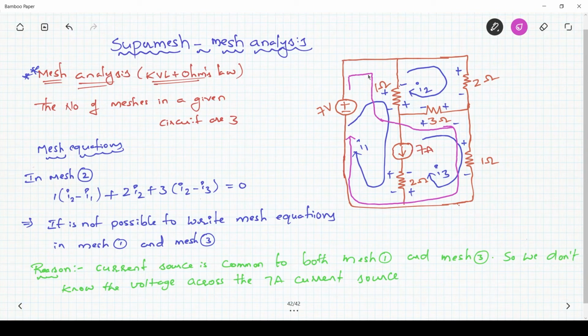Write the KVL equation in this super mesh along this path.